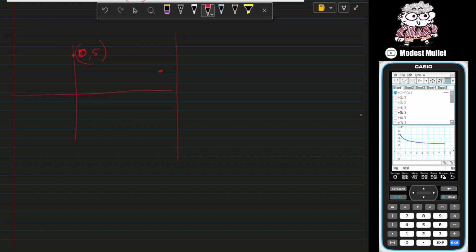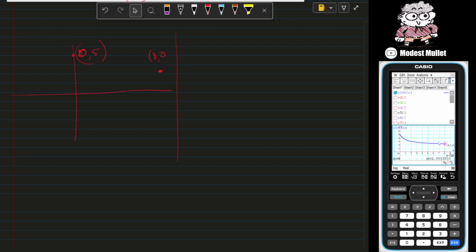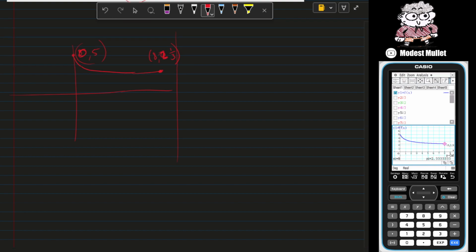And sometime later we are at 8, and I want to calculate y at that x value. So at 8, the y value is actually 2.333, so 2 1/3. That's our current function. And if we remove the domain off this graph, you would see that it is actually a hyperbola.